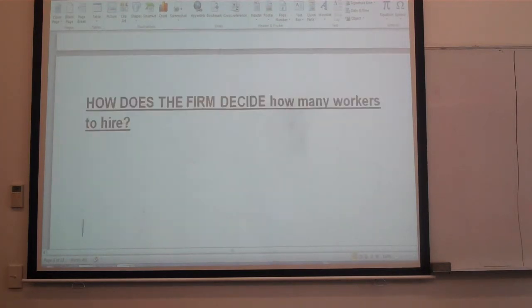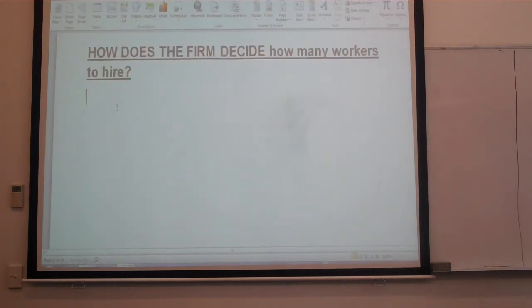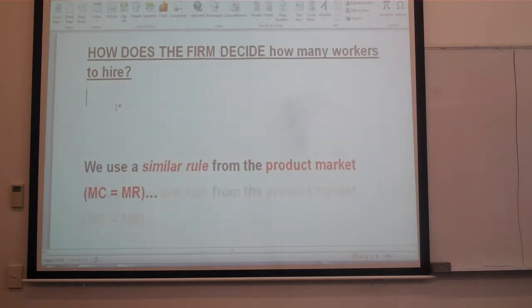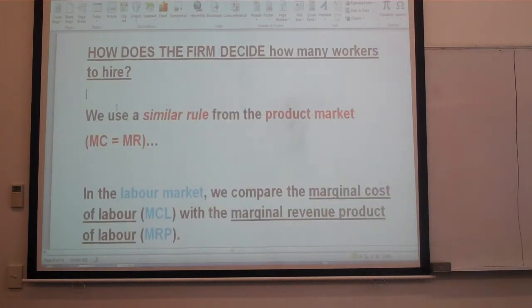So, how does the firm decide how many workers it's going to hire? Just like any rational agent, the firm needs to compare its extra benefit to its extra cost. Now, in the product market, we compared marginal revenue of the product to marginal cost of the product. In the labor market, we use a very similar rule.